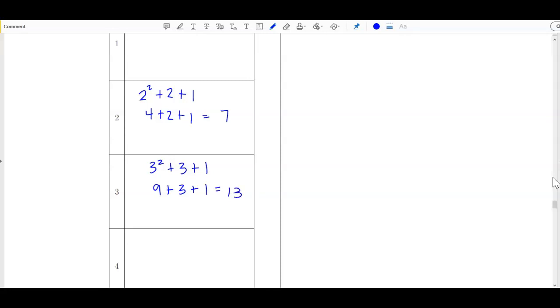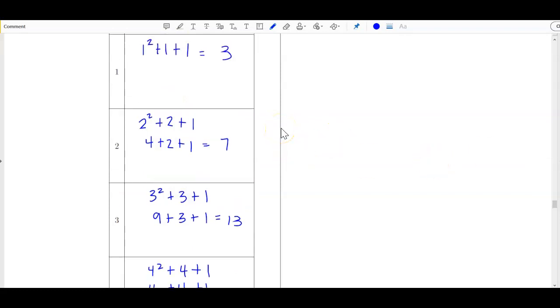And then let's do 4 squared plus 4 plus 1. I'm just putting 4 in place of my x there. So 16 plus 4 plus 1, so 20 plus 1, so 21. All right, and then the last one we can keep going on that and do that.